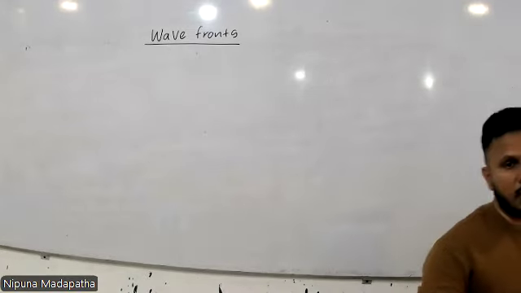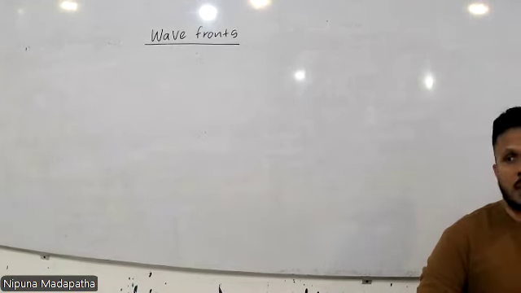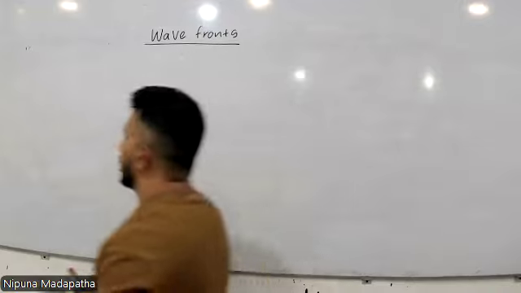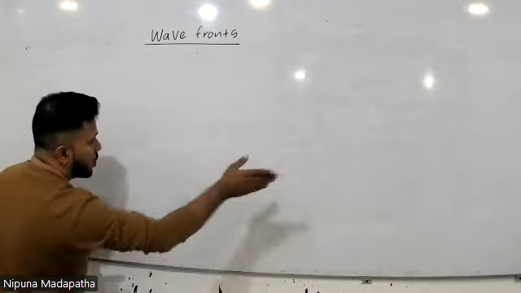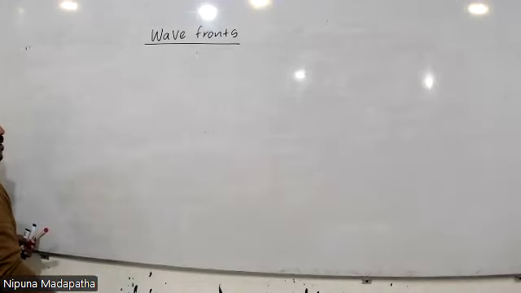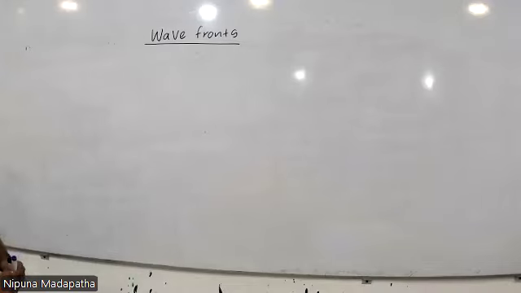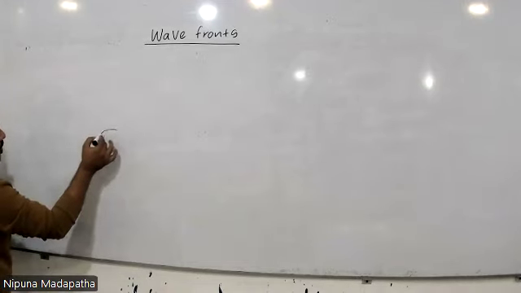Another key factor about wavefronts: the direction of travel, or direction of moving, of the wavefront is perpendicular to the wavefront. The direction the wave moves is always normal to the wavefronts. Suppose we have circular wavefronts.